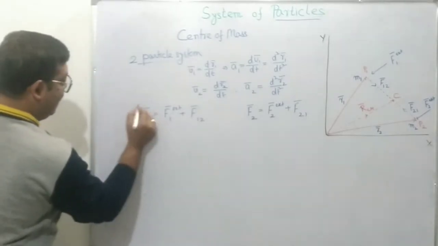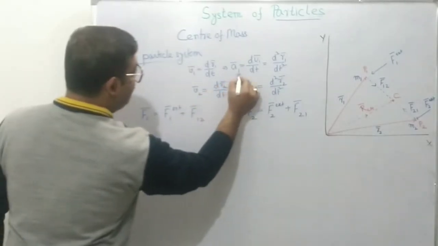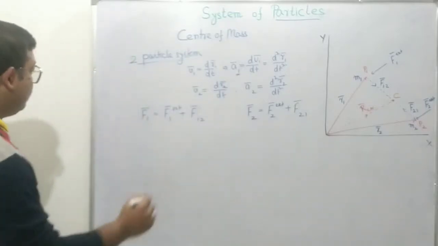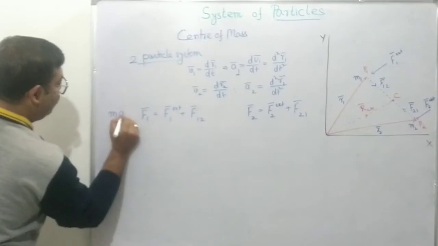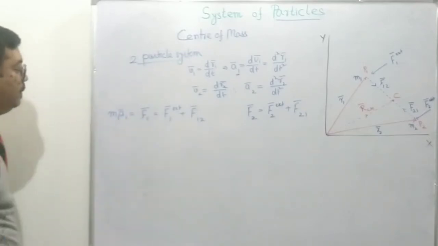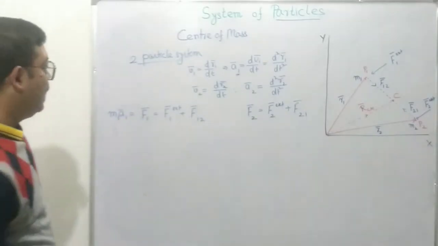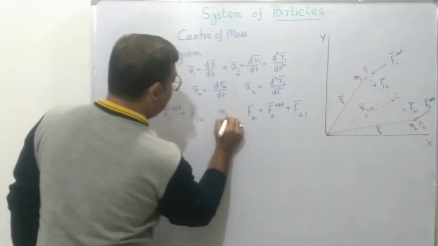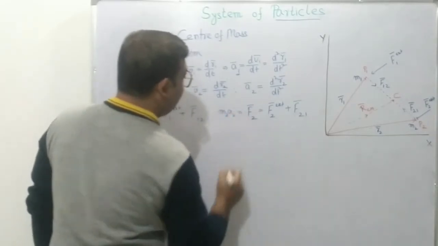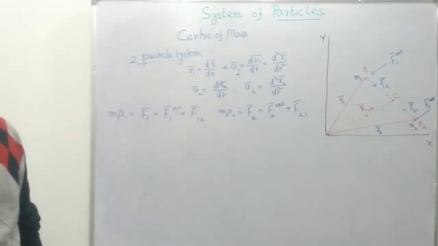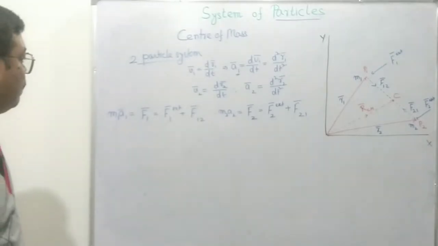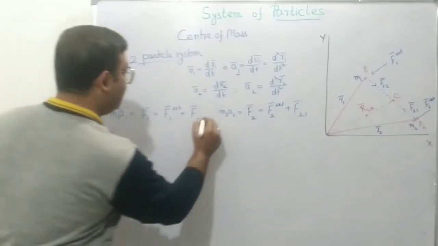But this net force causes this acceleration. So Newton's second law will give us m1 into a1 must be equal to F1, and similarly m2 into a2 must be equal to F2, right?